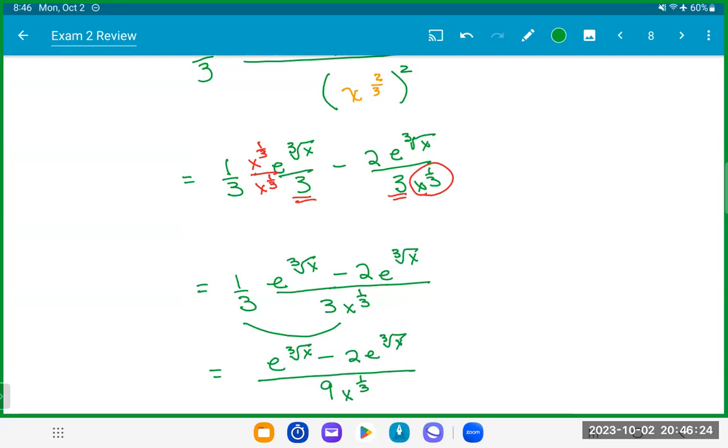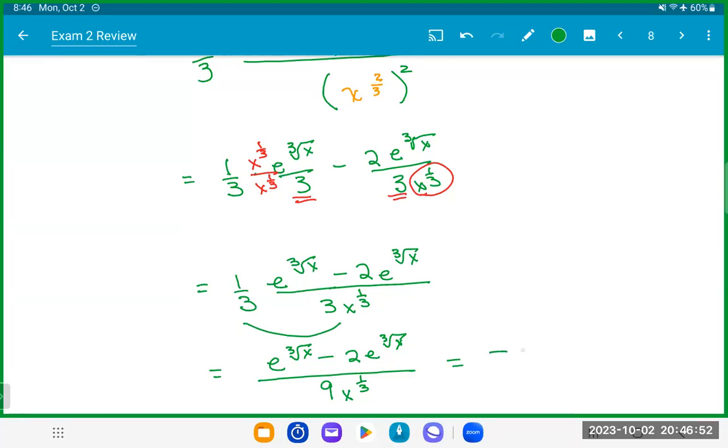Okay. And you could factor out the e to the cubed root of x. We have 1 of them there minus 2 of them here. Well, we don't have to factor it, we could just see that they have the common thing.